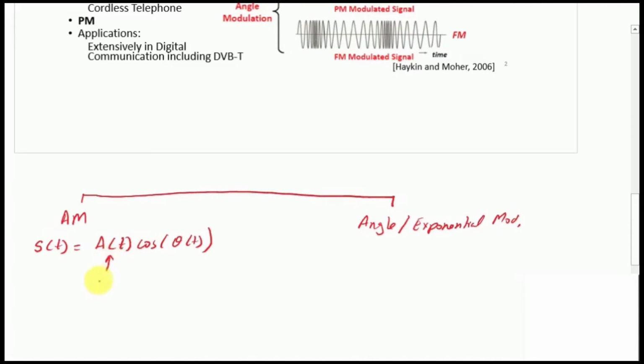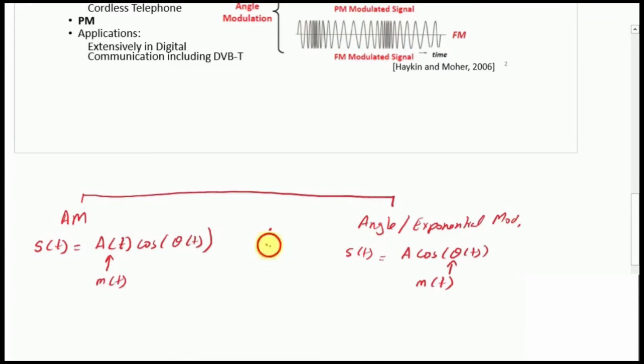In angle modulation, this amplitude is kept constant, while this angle is varied with respect to the message signal. That is the major difference.